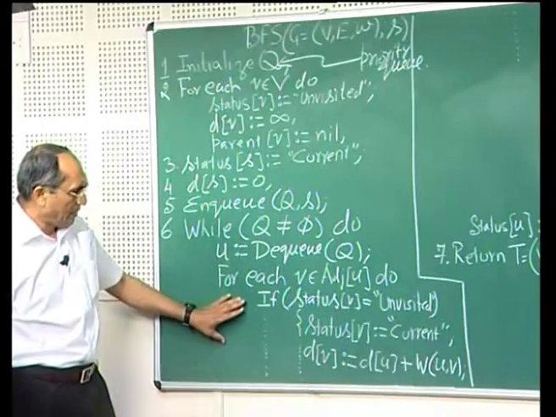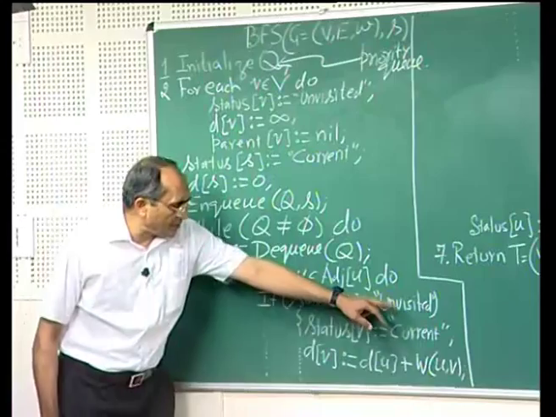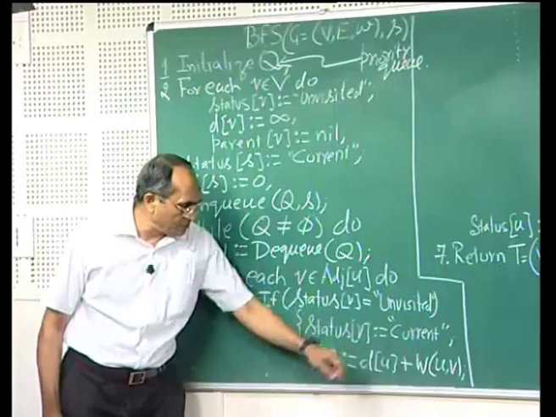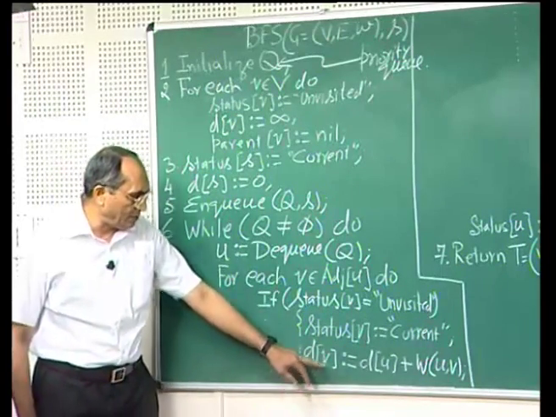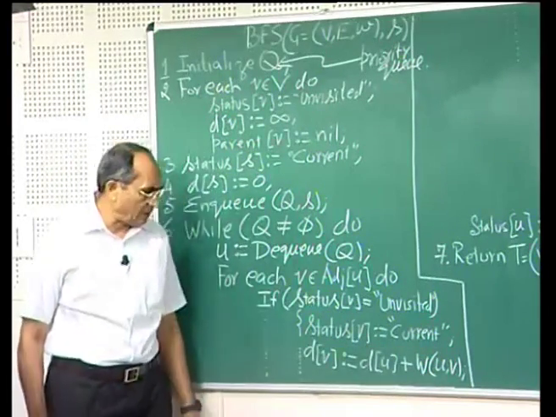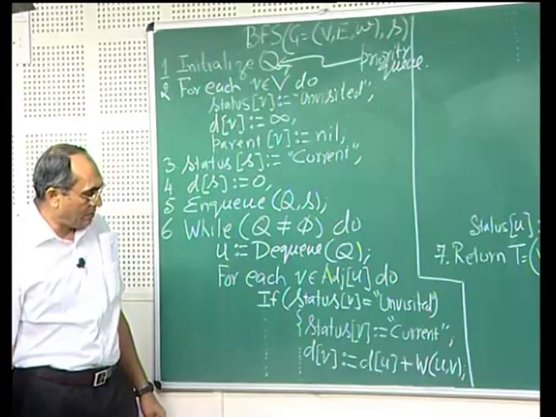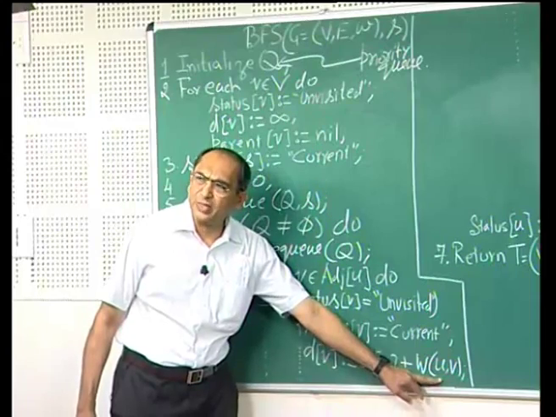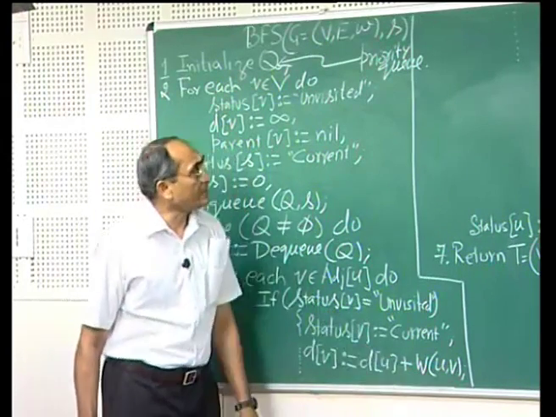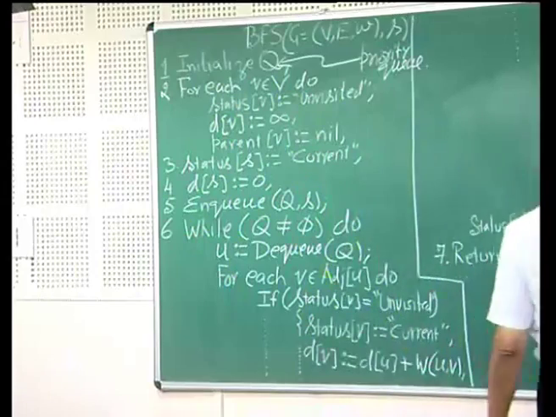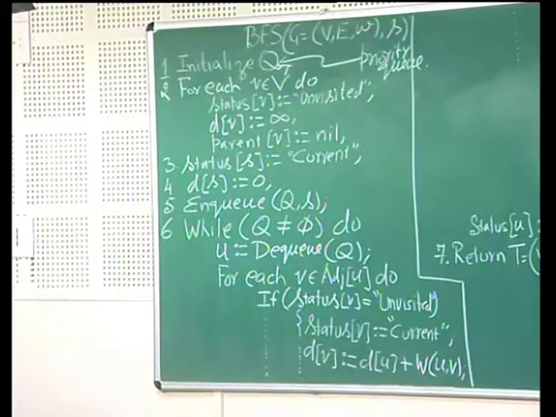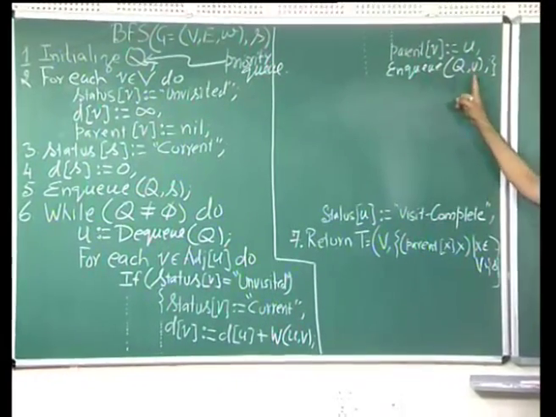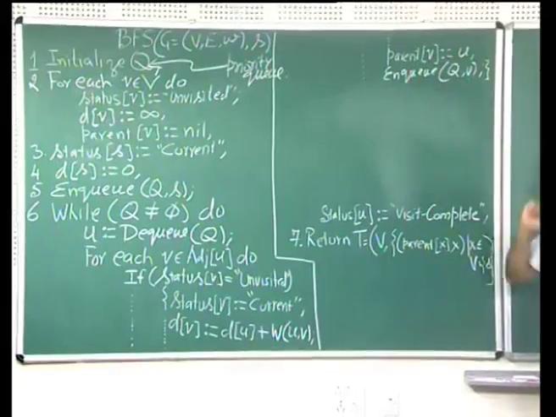So, what we did was, when it was unvisited, we were just setting the status to be current, we are setting the d value to be d value of u plus the weight of the edge uv. Earlier it was 1, now it is whatever the corresponding weight is. And then we were setting the parent of v to be u, and then we put that vertex into the queue.